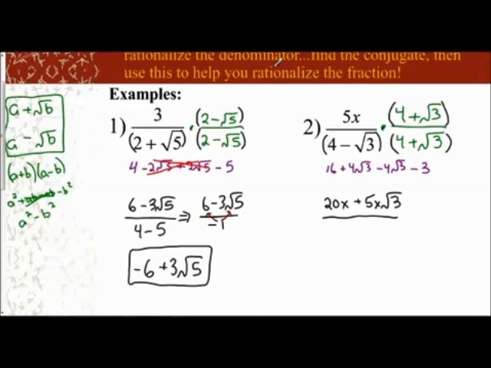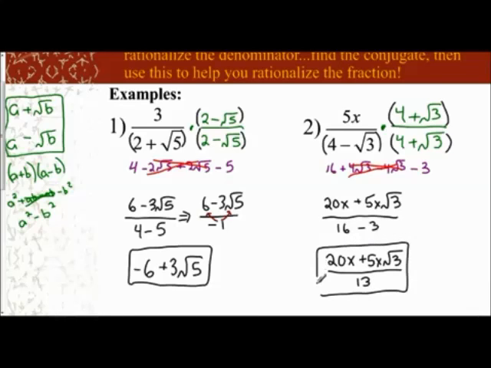And you notice 4 radical 3 and negative 4 radical 3 cancel. I have rationalized the denominator. And I'm left with in the bottom just 16 minus 3. And so let's simplify. 20x plus 5x radical 3, we're just going to leave alone. And 16 minus 3 is 13. And so that is my final expression.